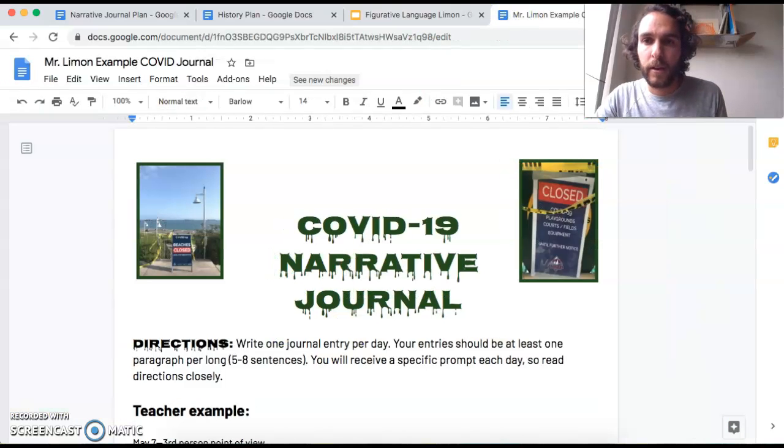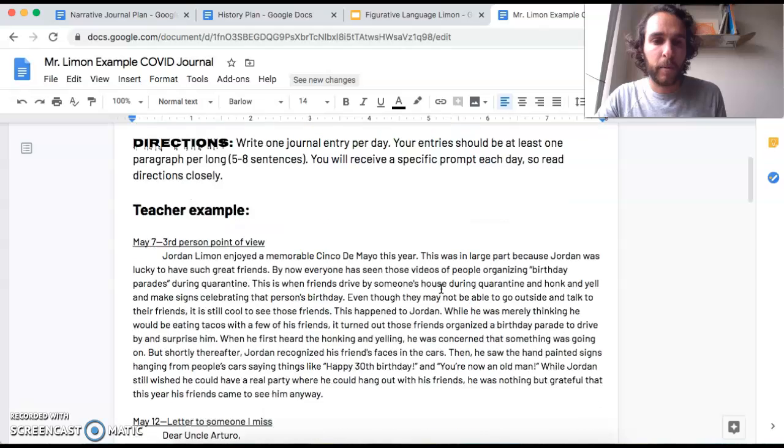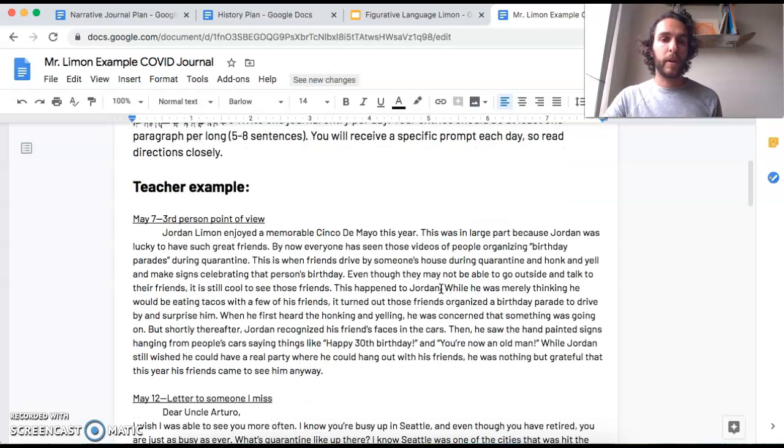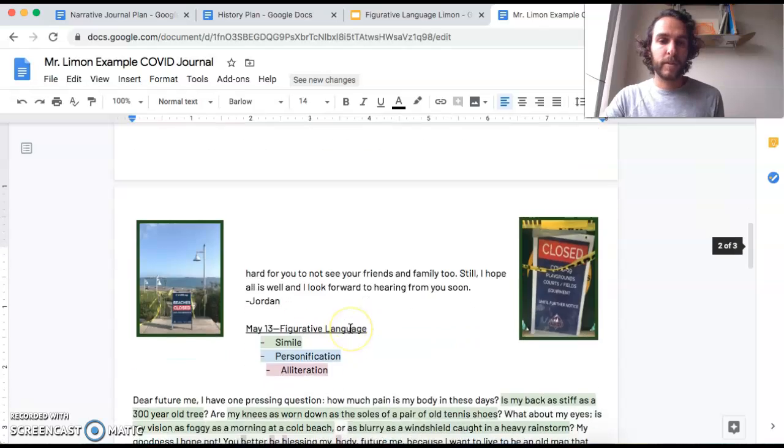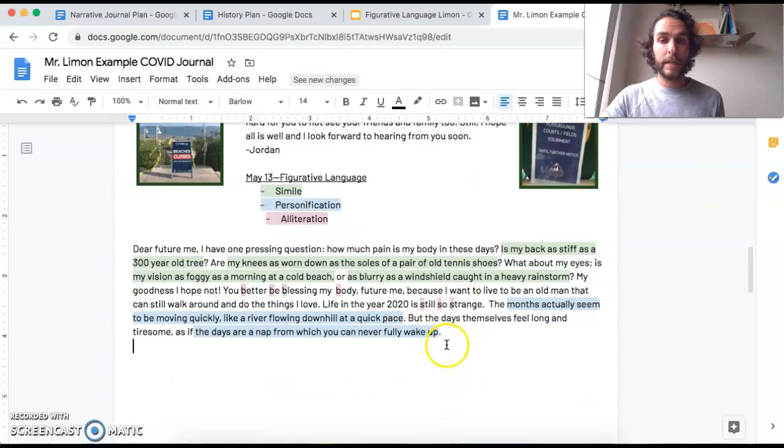And here we go. We have my example. So I keep everything that I write up here. So you have the third person, the letter to someone I miss in first person, and then I just wrote this one for tomorrow. All right, so we have figurative language. I went ahead and did use all 3. I really like similes. Remember how I said those were my favorite? So I have the most similes, which I highlighted in green, you can see.